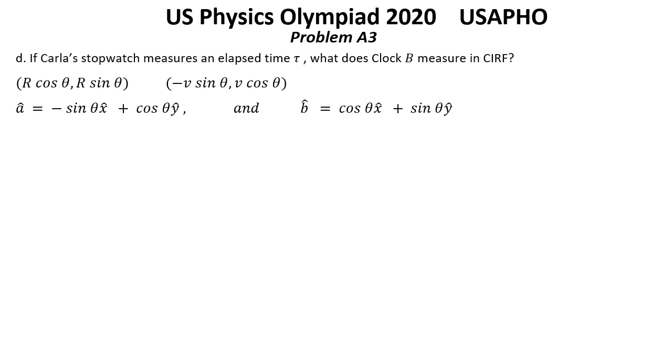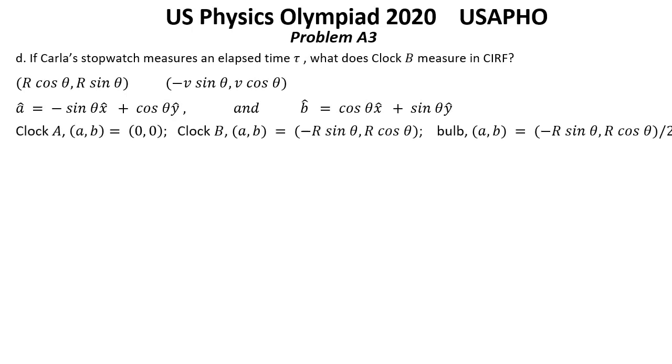We now give the coordinates of the clocks and bulb in the rotated lap frame. Clock A is (0, 0). Clock B is (negative r sin theta, r cos theta), and the bulb is at half of that. In the lap frame, a light pulse is emitted at t equals 0, a equals negative r over 2 sin theta, and b equals r over 2 cos theta.